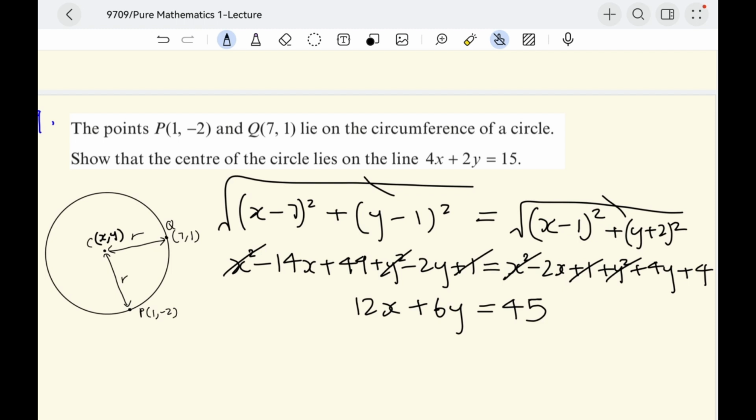Let me recalculate it again. Negative 2 plus 14 is 12, and 4 plus 2 is 6. 7 times 7 is 49. 49 minus 4, I should get 45.